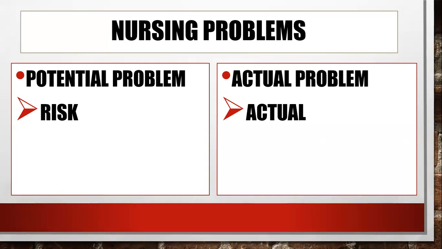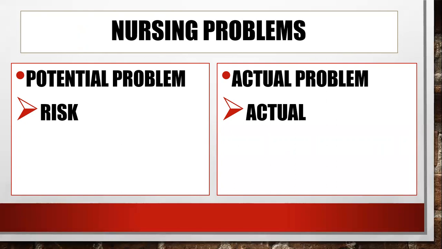Now, if it is in an examination, or if it is care that is being given by an in-service colleague, a potential problem is written starting with the word risk. And an actual problem is not written starting with the word risk, it's just named.